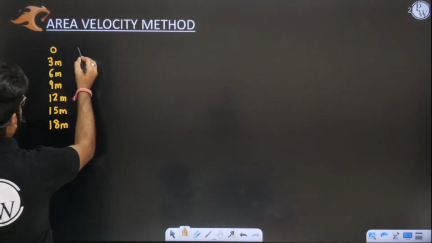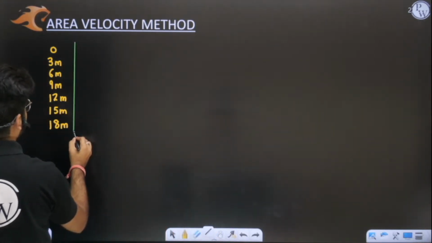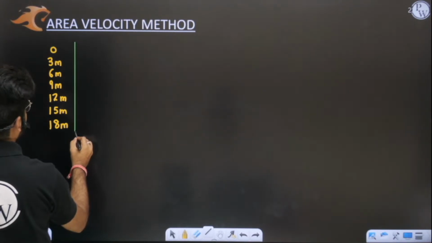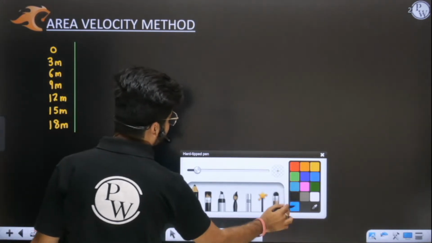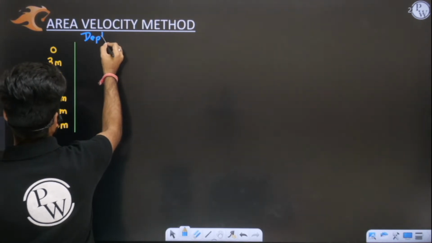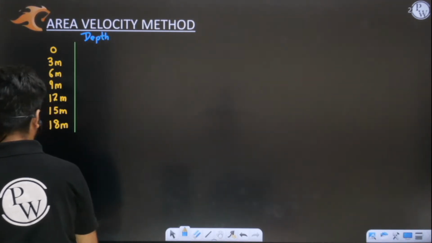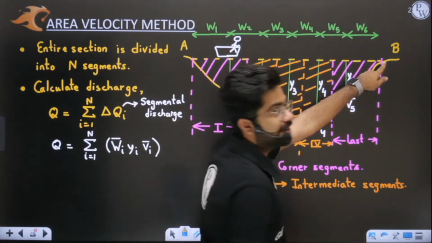Now, at every place, firstly we measured the depth, which is given in the question. Listen very carefully. At 0 you have no depth, and at the last point, 18 meters, you have no depth.